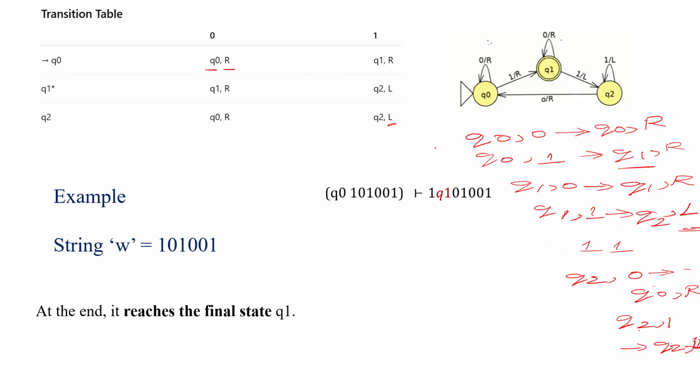Now, when Q0 reads 1, what is the next state? The next state is Q1, with the right-hand side direction.